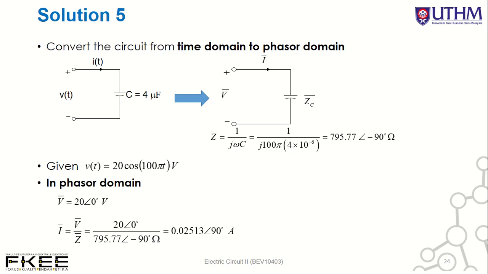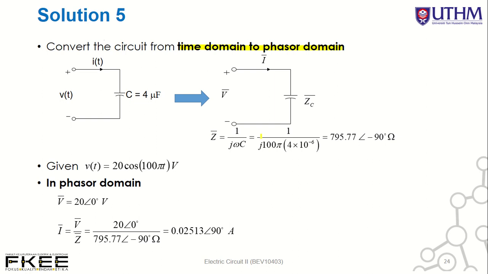First of all, you need to transform from time domain to phasor domain circuit. This is V, capital V, this is ZC, and this is I. First you need to determine Z, the impedance.